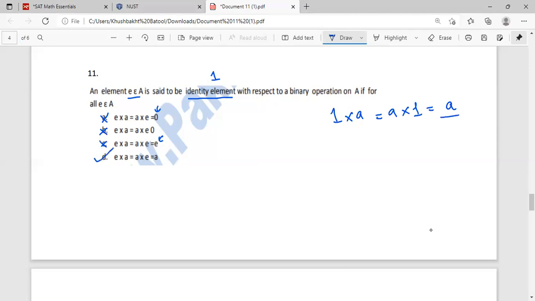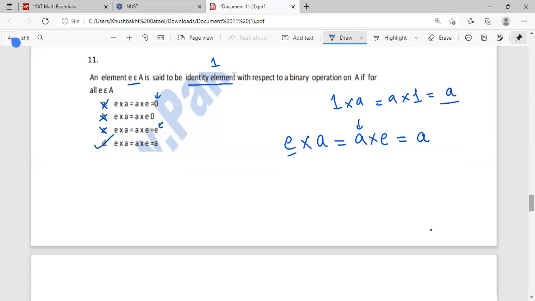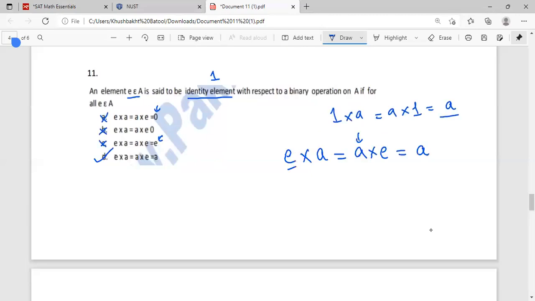This is the option because whenever you multiply the identity element with another element, the order does not matter because it is multiplication, and we are going to get A, this element, not the identity element. Neither are we going to get 0, because we are multiplying the identity, not A inverse. And even if we multiply A inverse, we get 1 in that case, not 0.